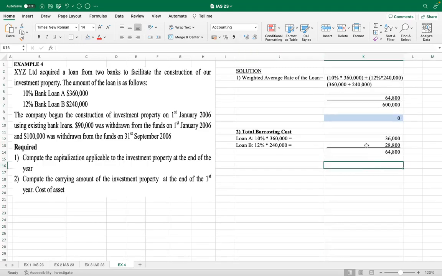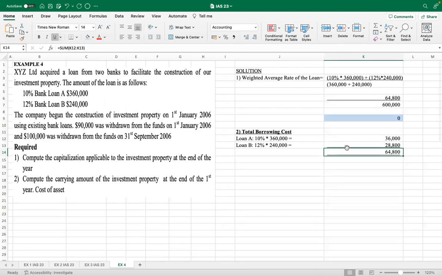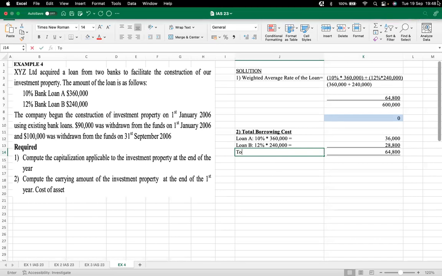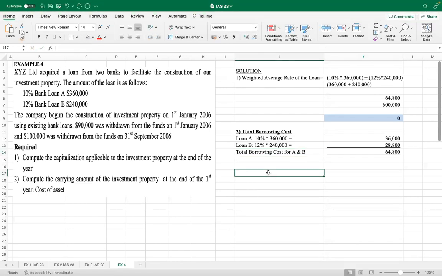Okay, so the total borrowing costs for loan A and B is this.